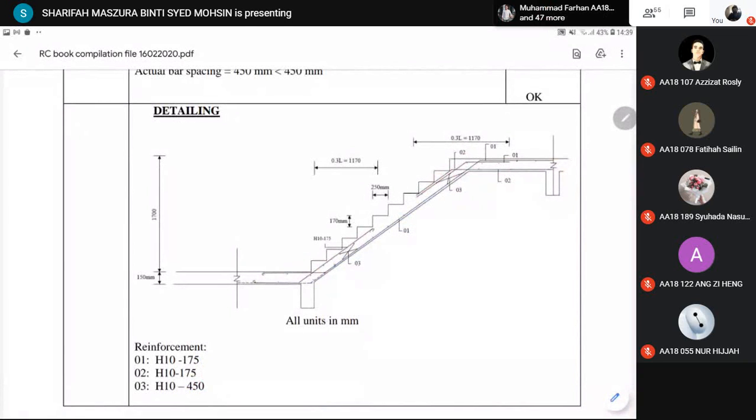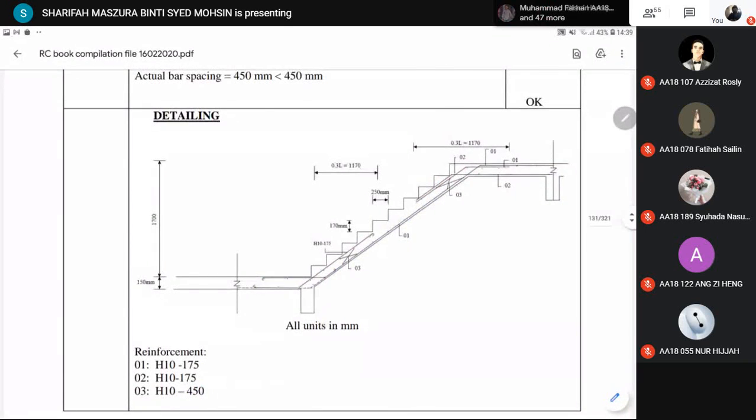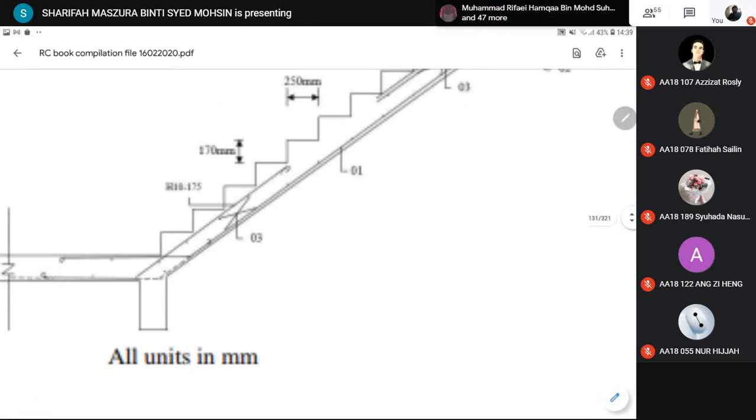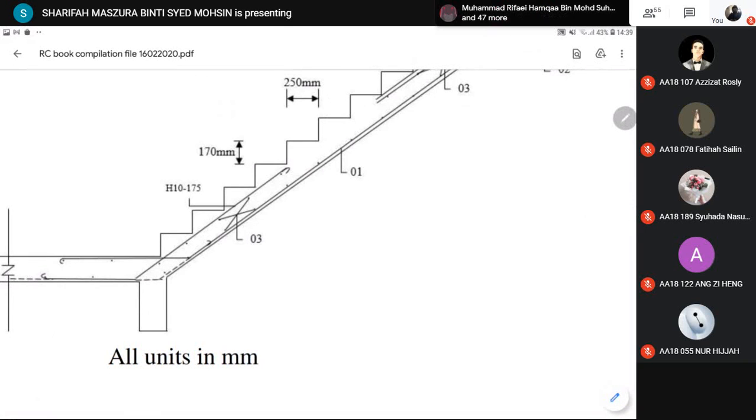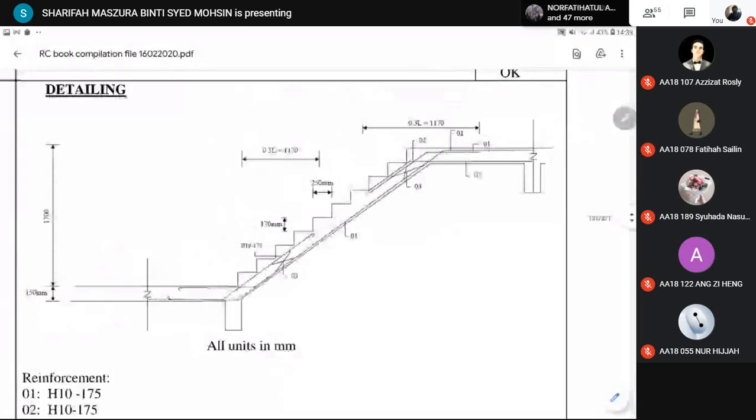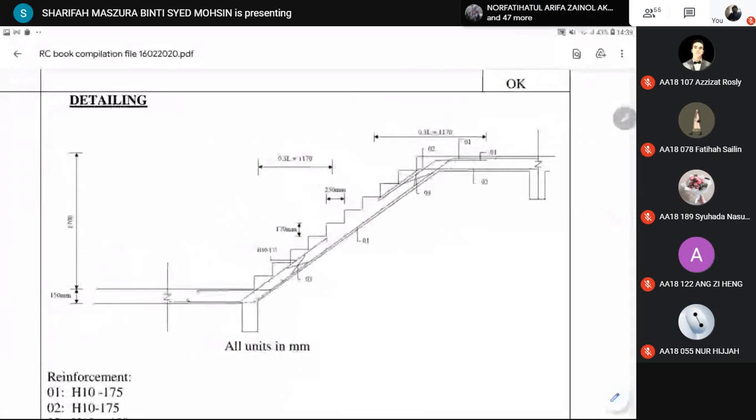If you can see the dotted there, that dotted is actually the cross section for the transverse bar. So that is the secondary bar for the reinforcement. So we draw both.